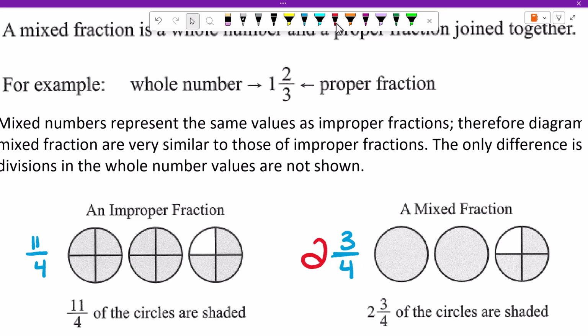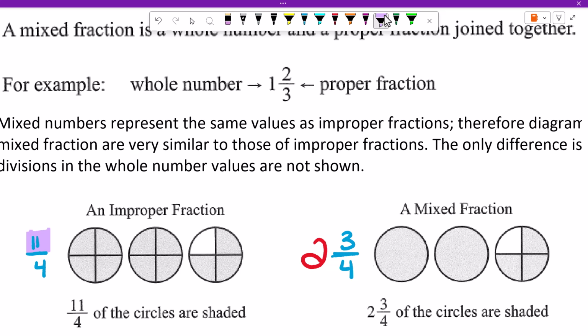Now, we talked about this in the very first set of notes, going way back in October. This is called a mixed fraction, where you have a whole number up front and a fraction, and the other one's called an improper fraction. It is improper because your top number, your numerator, is bigger than your denominator. It shouldn't be that way, okay?